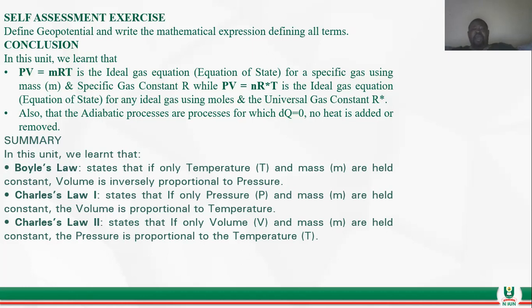Then Charles's first law states that if only pressure and mass are held constant, the volume is directly proportional to temperature. Then Charles's second law states that if only volume and mass are held constant, the pressure is directly proportional to the temperature.